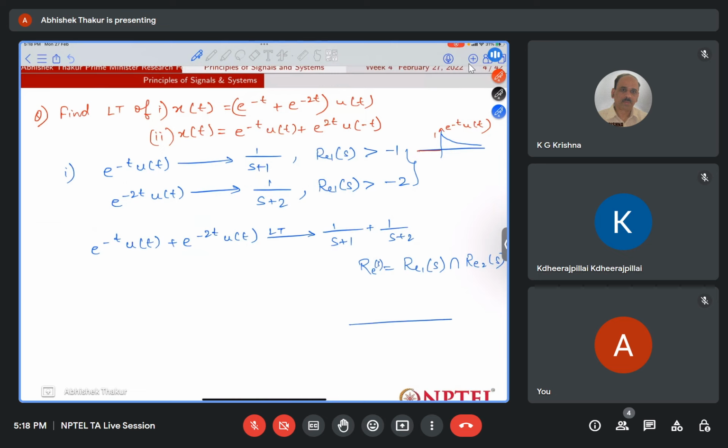For the first signal, the region of convergence was greater than minus 1. For the second signal, it is greater than minus 2. So what will be the combined region of convergence? The intersection of both will be this part.